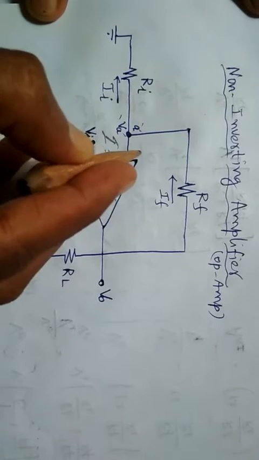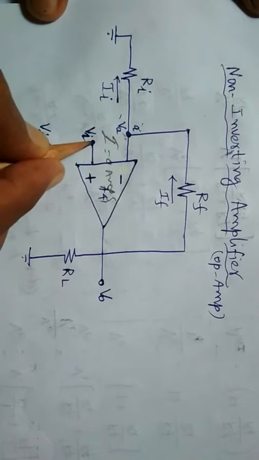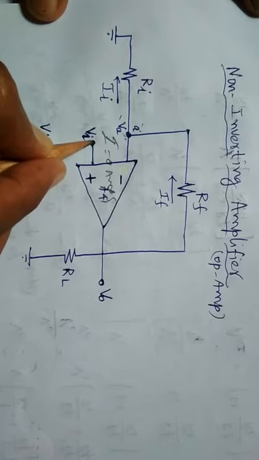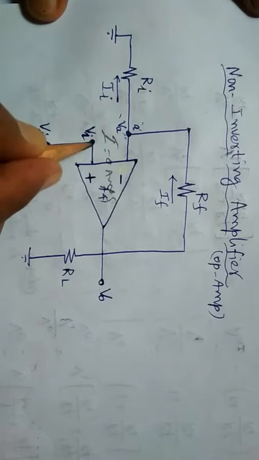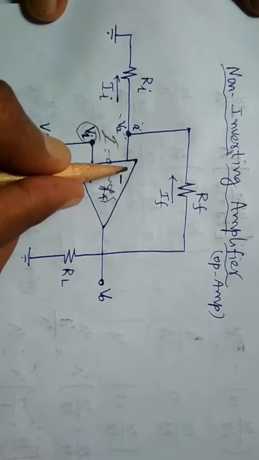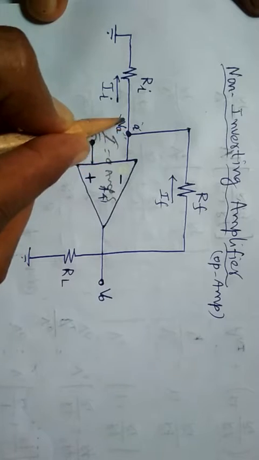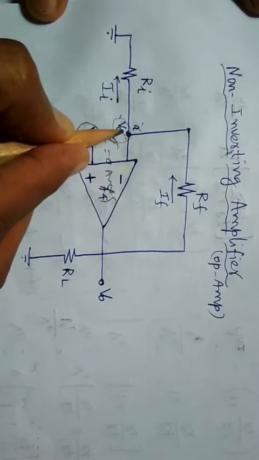Because of this, the potential difference between these two terminals is zero. The non-inverting terminal, which receives the input, has potential Vi, and at node A in the inverting terminal we take the potential as Va.